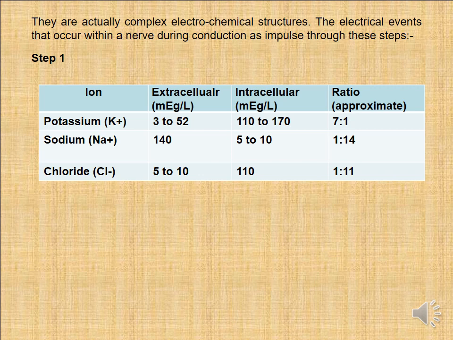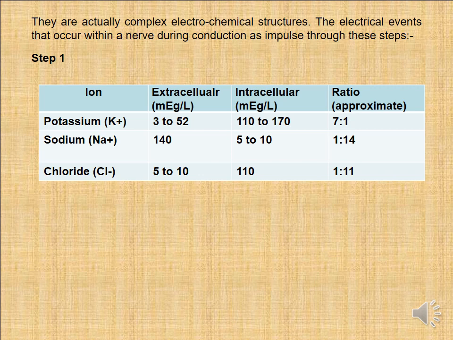Sodium is a positive charge, extracellular 140 and intracellular 5 to 10, and the ratio between intra to extra is 1 to 14. Chloride is negatively charged, extracellular 5 to 10 and intracellular 110, and the ratio between intra to extra is 1 to 11.